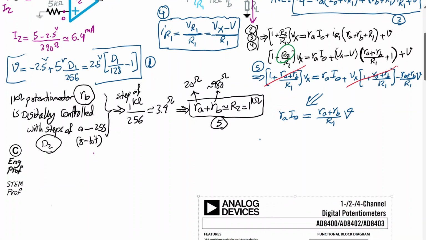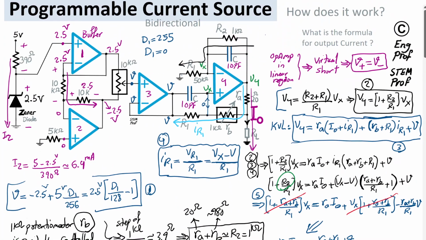So in summary, the I out current is, with good accuracy, equal to RA plus RB divided by RA times V over R1. And R1 is 50 kilo ohm.